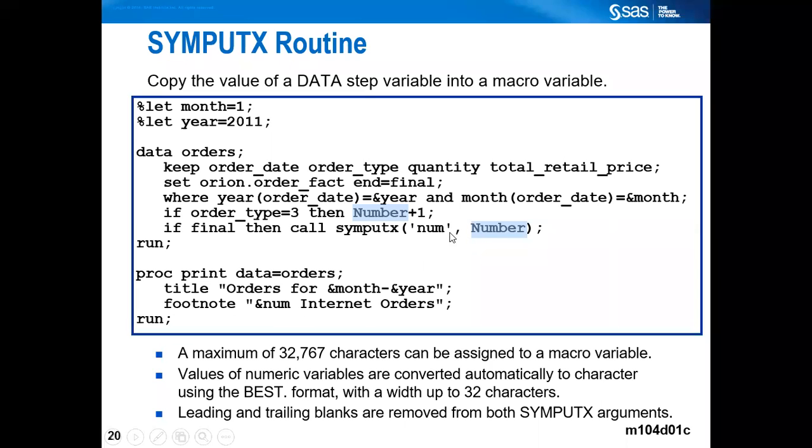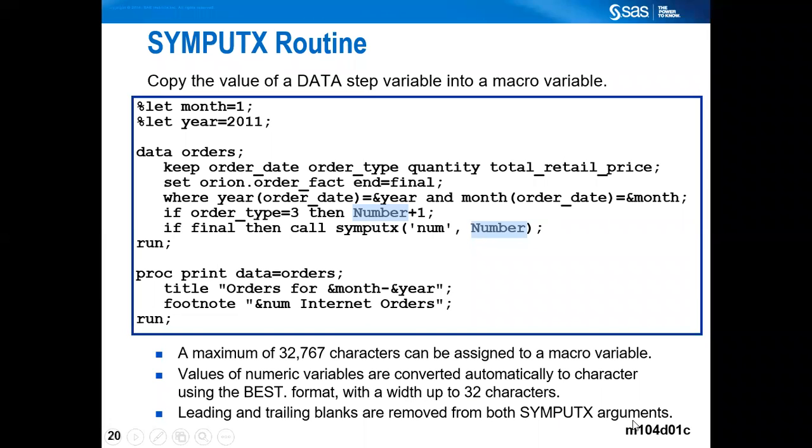So this way of creating a macro variable follows the same rules as your %LET statement. The maximum number of characters saved for this macro variable value can be 32,767 characters. Values of numeric variables are converted automatically to character by using the BEST32. format, with a width of 32 characters. Leading and trailing blanks are removed from both text arguments.